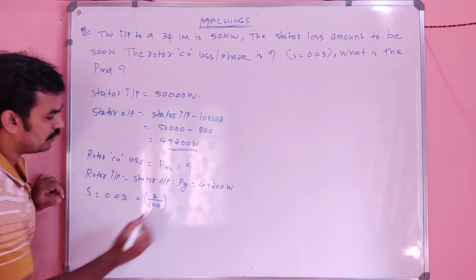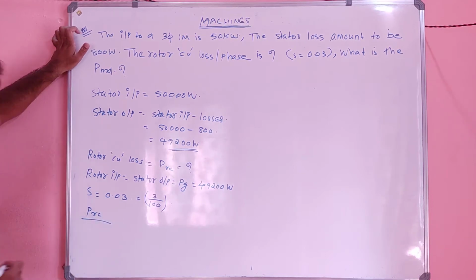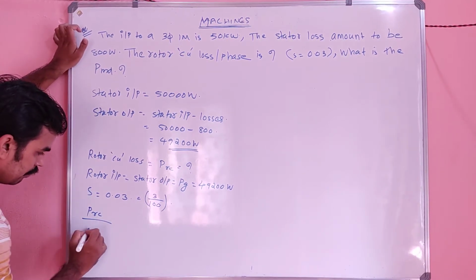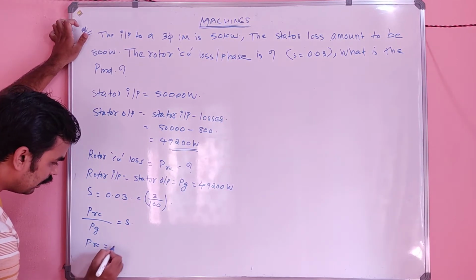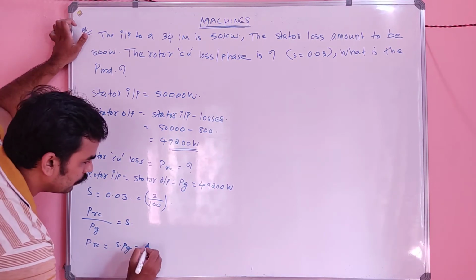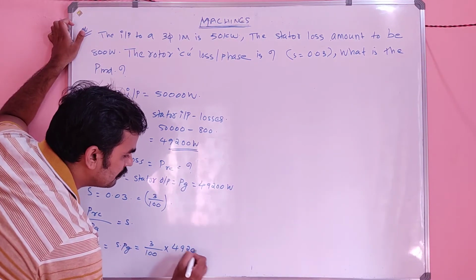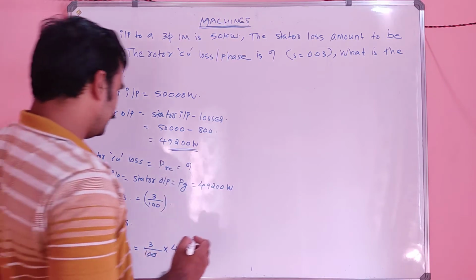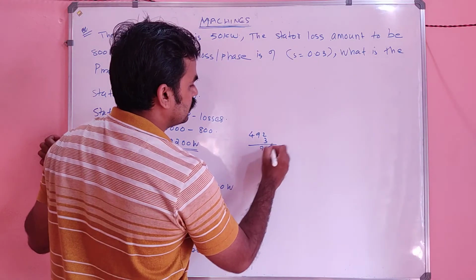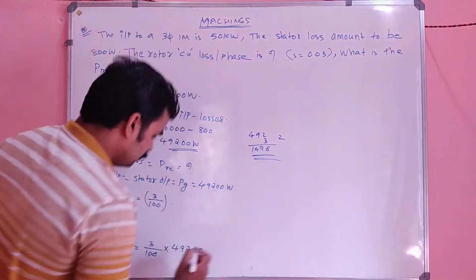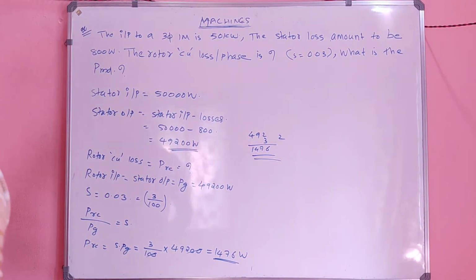There is an equation connecting PRC and PG: PRC by PG is equal to S. So PRC will be equal to S into PG, which is 3 by 100 into 49,200. The 00 and 00 cancel. 492 into 3 is 1476 watt. So that is the rotor copper loss.